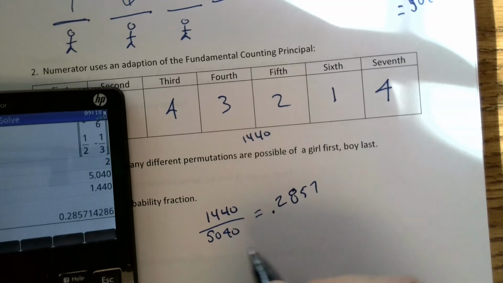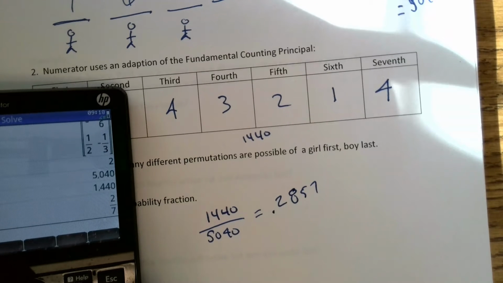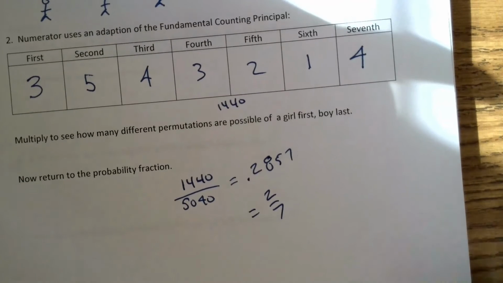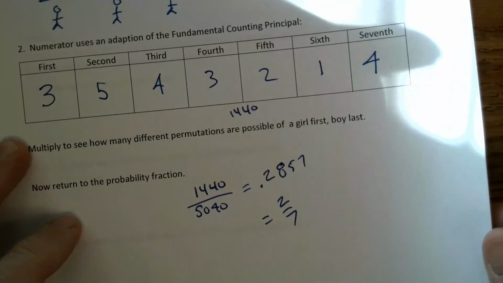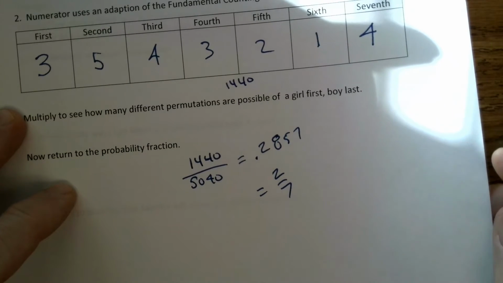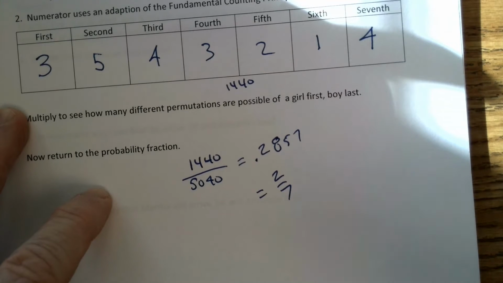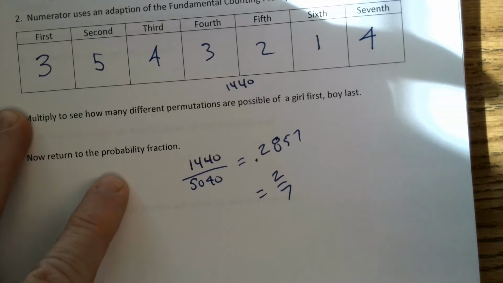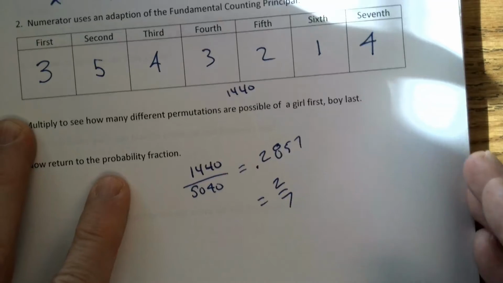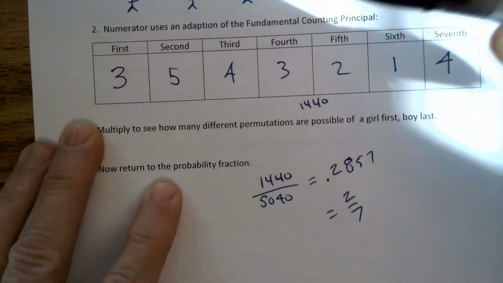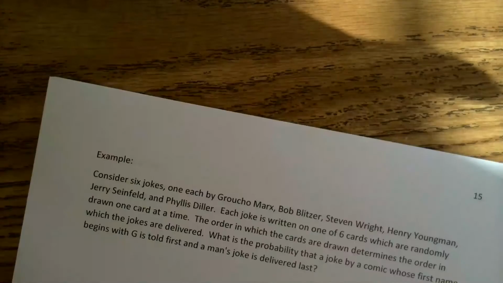If they want fractions, I think this is 2/7. Okay, so there's 7 people, one in the front, one in the back. That's 2. I think it's just lucky that that worked that way. So that's the process: find the denominator, find the numerator, simplify the fraction.